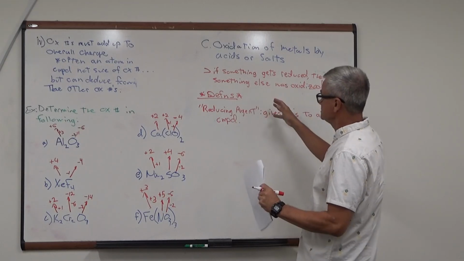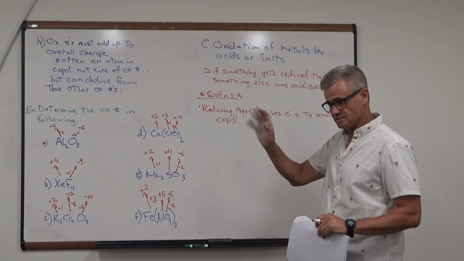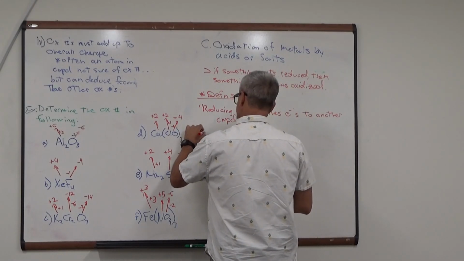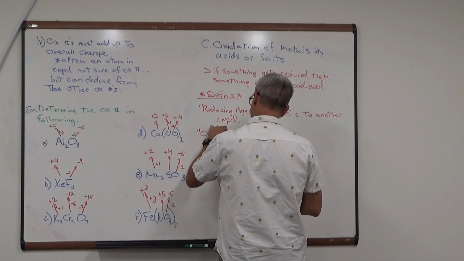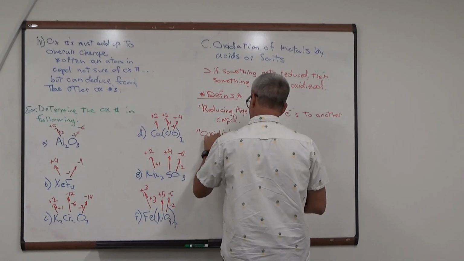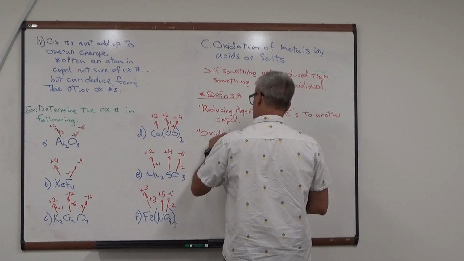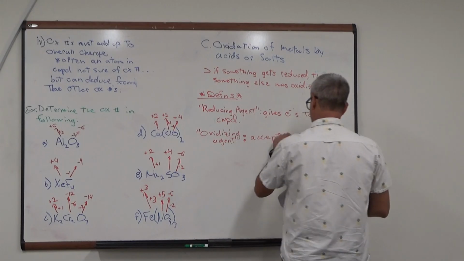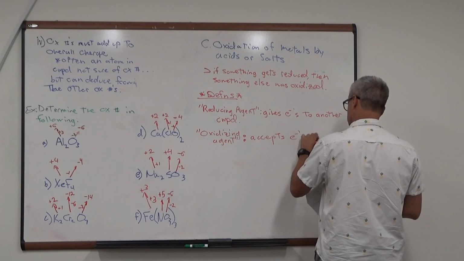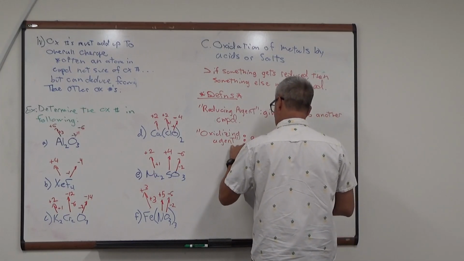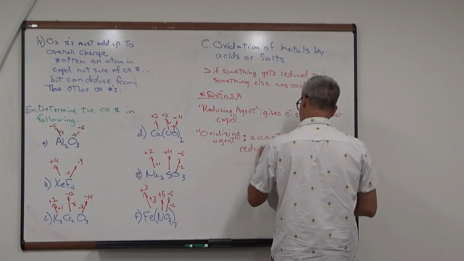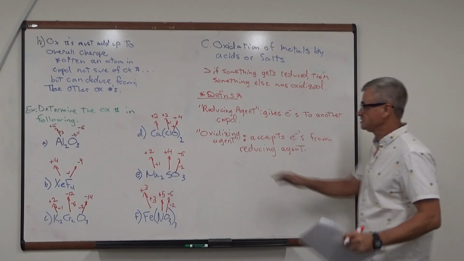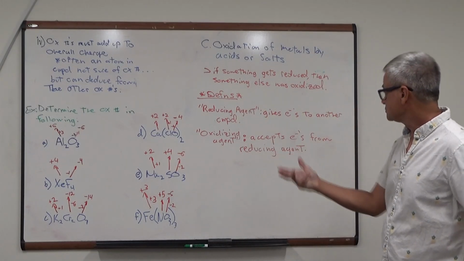Within this section, the metals in their elemental state, the pure metal, is going to be our reducing agent. And then an oxidizing agent accepts or takes, however you want to say it, electrons from the reducing agent, and in the process the oxidizing agent gets reduced.